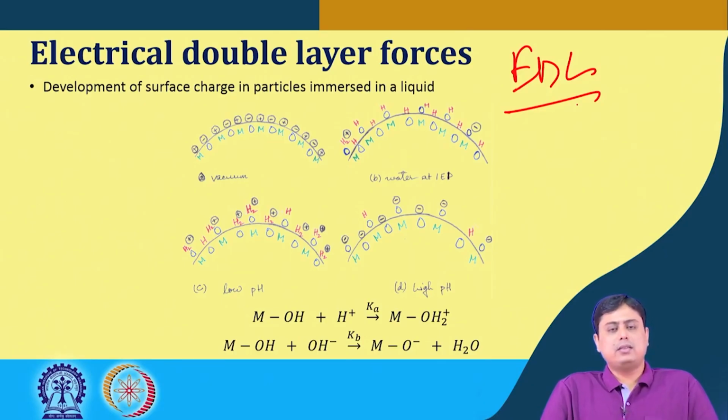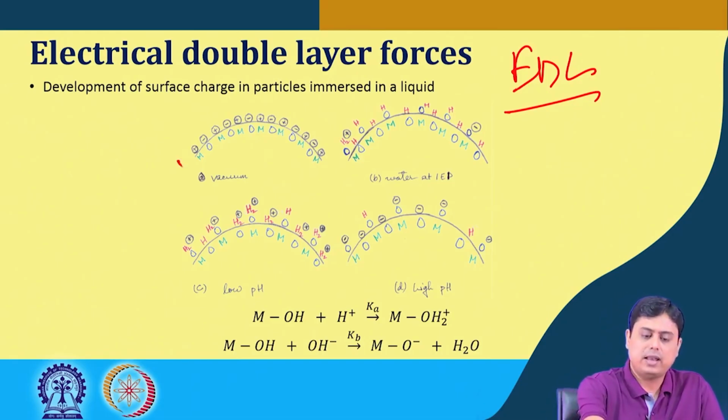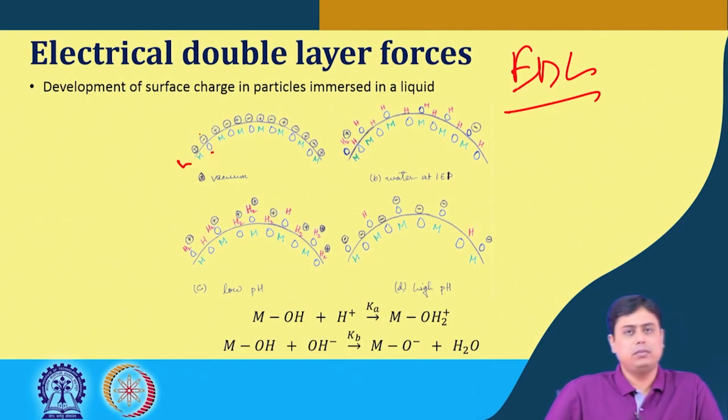Say the case of a metal oxide particle, when this is exposed in air, the atoms at its surface will have some insufficient or unsatisfied bonds, and they will try to arrange themselves like here in this one, where M stands for the metal ion, this is positive, and oxide is negative.